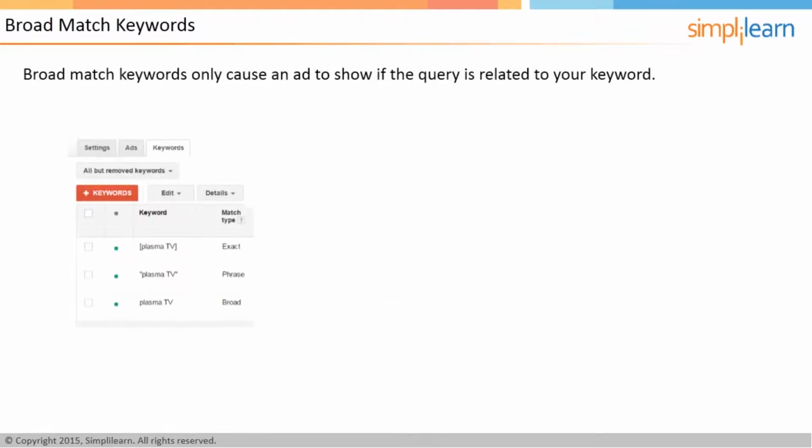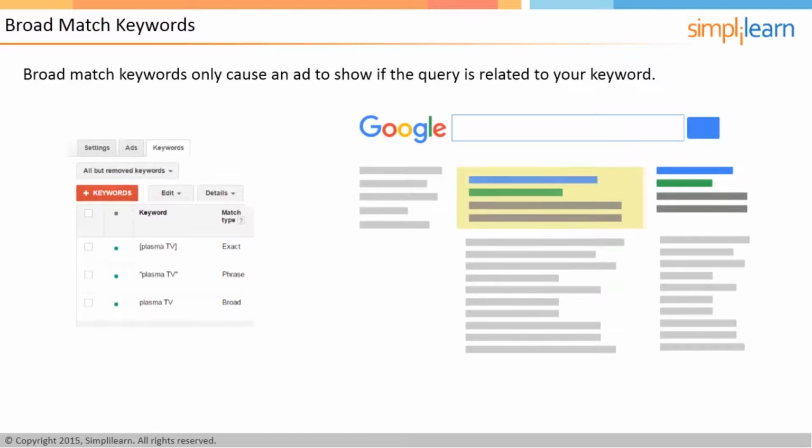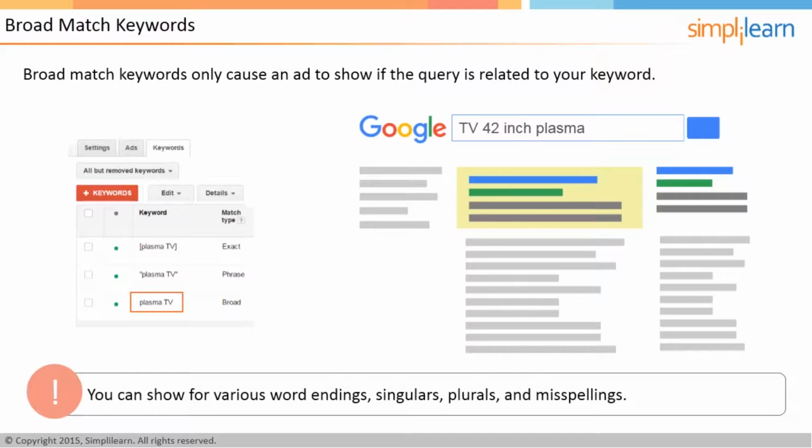Now our third main match type is known as broad match. With broad match, keywords can show an ad if the query is related to the keyword. So related is a key here because related can mean a lot of different things. So you can show, again, for singulars, plurals, misspellings, and related words.